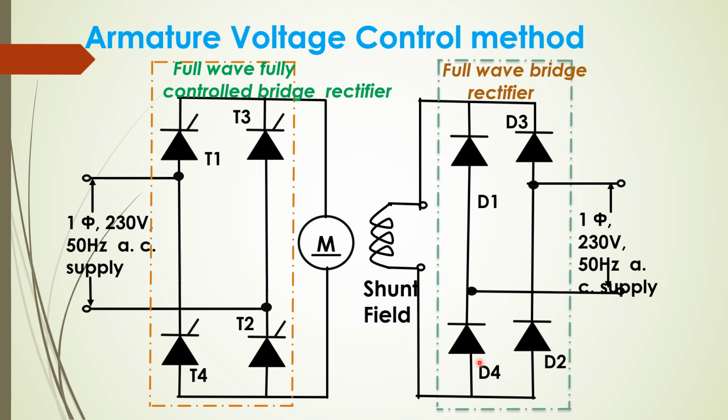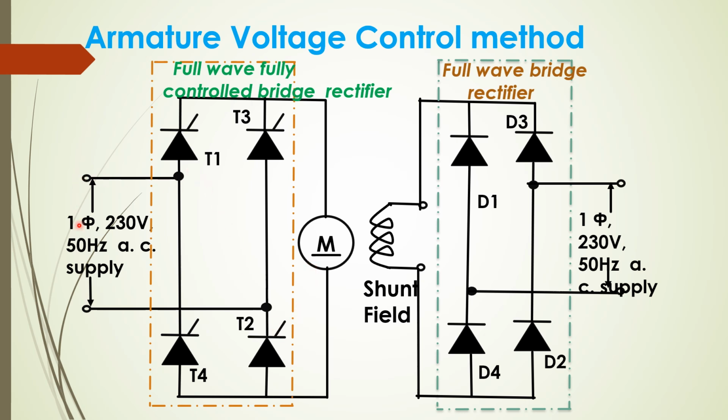I'll explain why. Now here the available supply is AC, so that is converted or rectified by means of a fully controlled rectifier, which has 4 thyristors T1 to T4, and the final DC supply is given to the motor, assuming this as a RLE load.